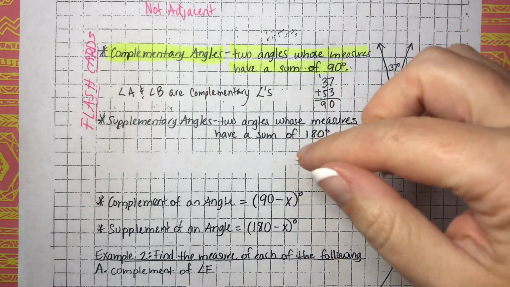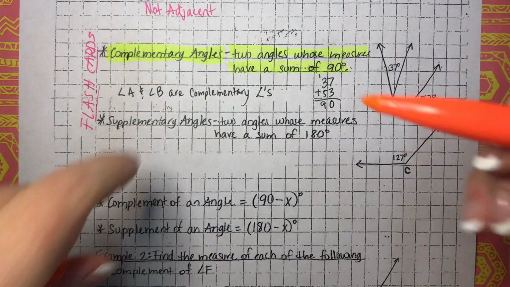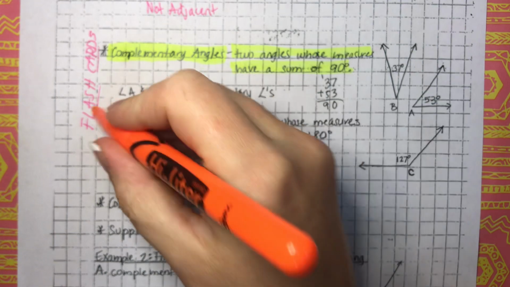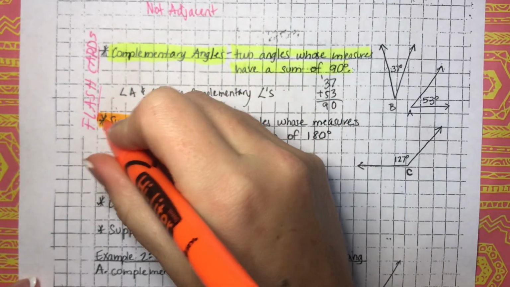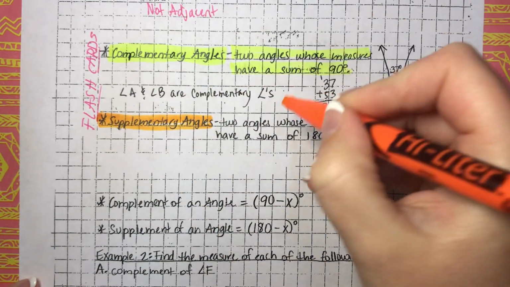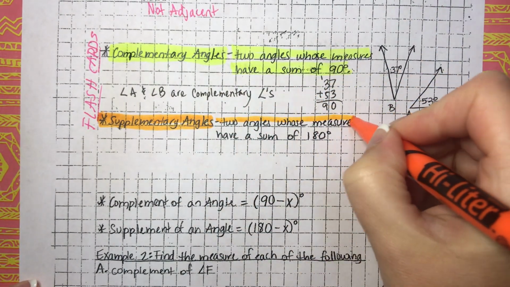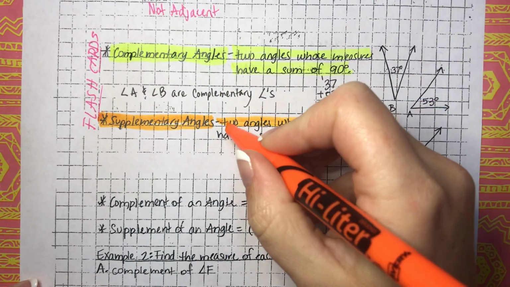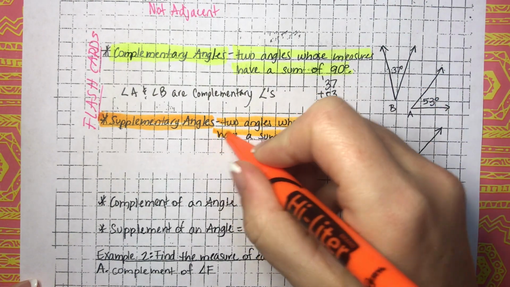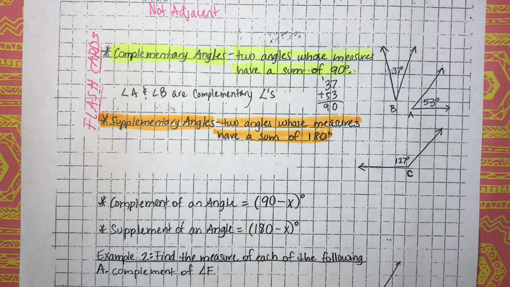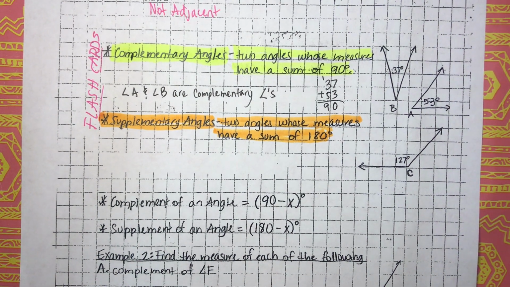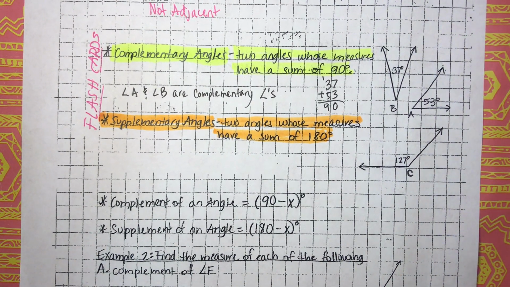All right, let's go down to supplementary angles. So if we have complementary angles, what do you think supplementary angles are? Supplementary angles are two angles whose measures have a sum of 180 degrees. Okay, so 180 degrees. What do you think that is?